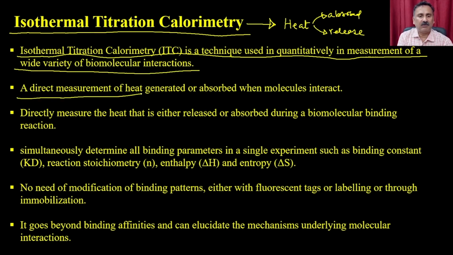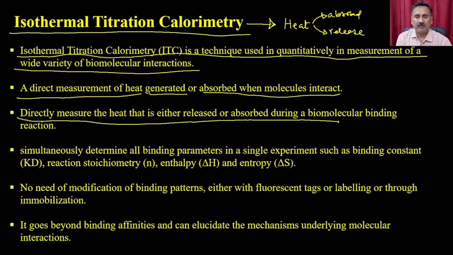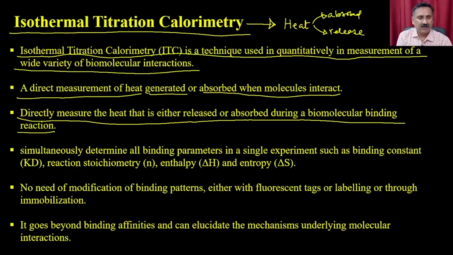It is a direct measurement of heat either generated or absorbed when molecules interact, and it directly measures the heat that is either released or absorbed during biomolecular binding reactions. That is how the amount of heat released or absorbed can be correlated to the binding studies.